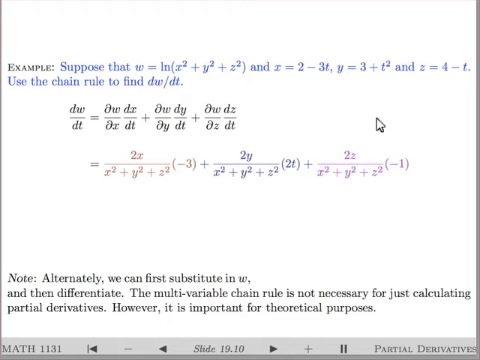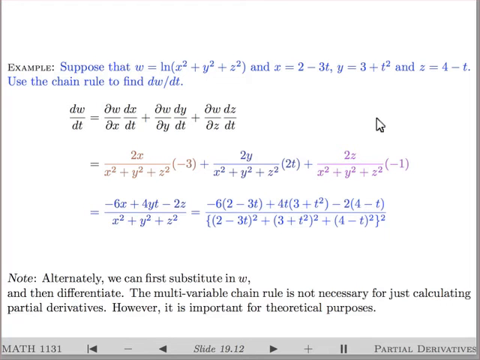If we want to write it purely in terms of t, we should substitute for x, y, and z. And if I had substituted for x, y, and z in w first, I would have gotten this. And if we differentiate this as we did in chapter 12, we can verify that this would be the answer.